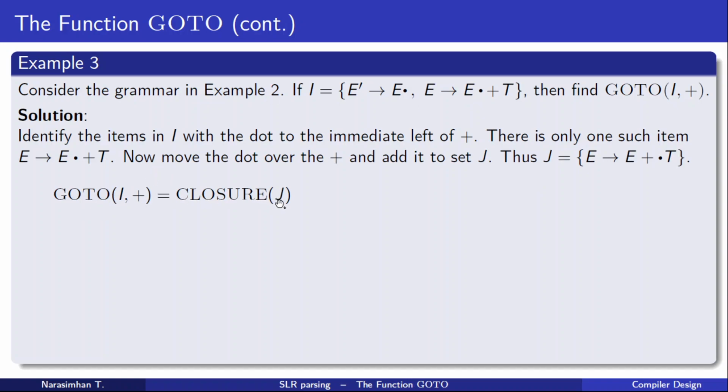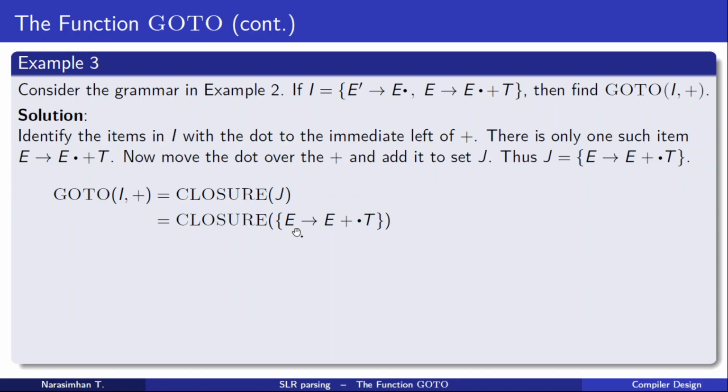So the temporary set J will contain this item. But remember, before adding that item to the temporary set, you need to move the dot over the symbol plus. So the temporary set will contain E gives E plus dot T. Now you need to take the closure of this set.